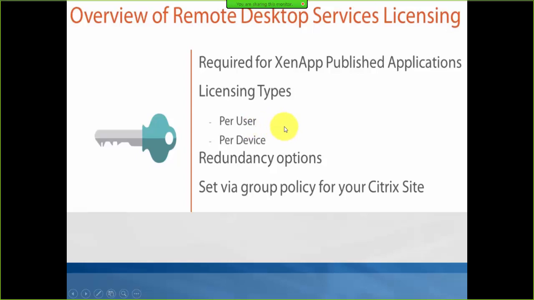That would really save you a lot of money if you go for concurrent connections licensing. If you're a small company, per device is good. If you have a huge number of users, go for concurrent connections, but don't go for per user or per device if it's a big environment.